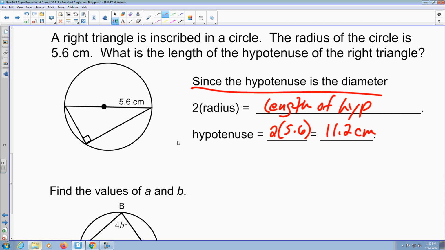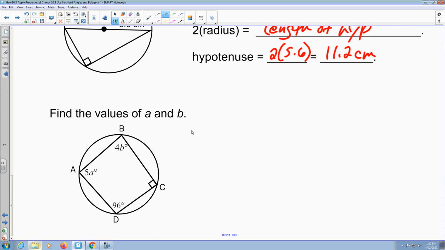Okay. And finally here, they want you to find the values of A and B. So let's look at finding B. We just know that they're going to be supplementary. So 4B plus 96 equals 180. Subtract 96, so I got 4B is equal to 84.